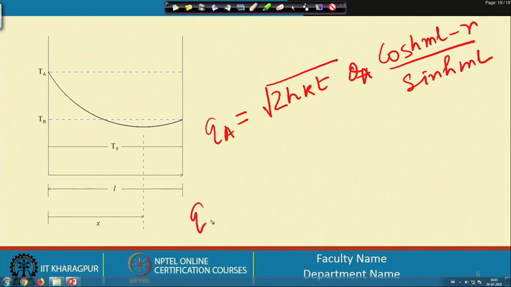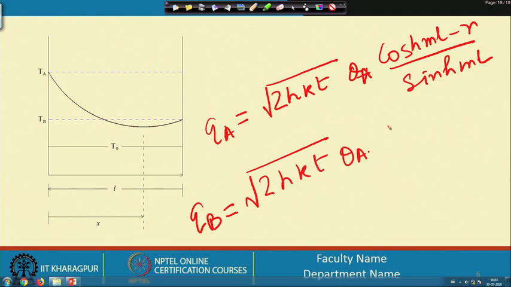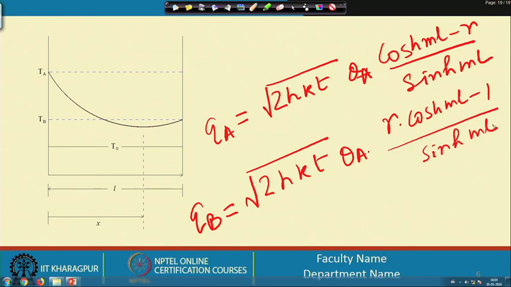Similarly, q b would be root over 2 h k t, and then you have theta a, then multiplied by r into cos hyperbolic m l minus 1 divided by sin hyperbolic m l.